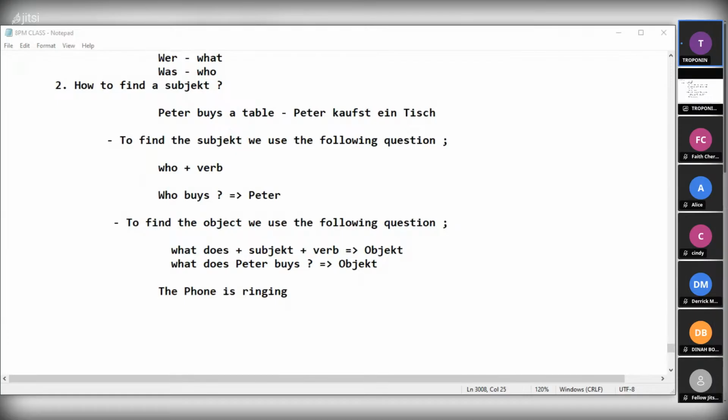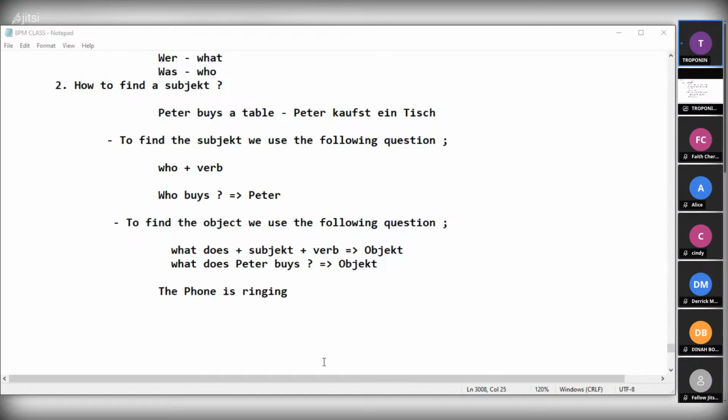I'll write the example, just a minute. Okay, let's continue.